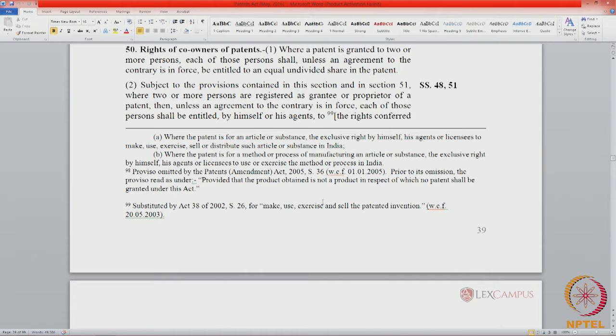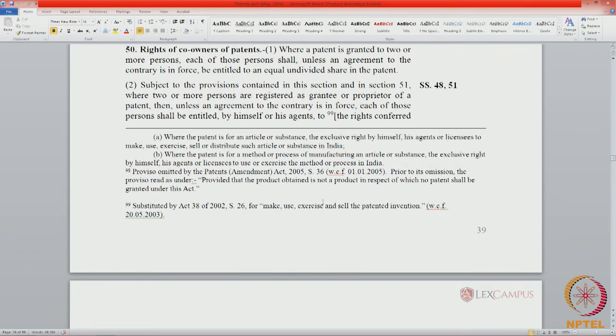And this is important to note for intellectual property rights: their share in the patent is an undivided share, because of the nature of the technology, they cannot specifically allocate their share. So it is an undivided share in the patent.